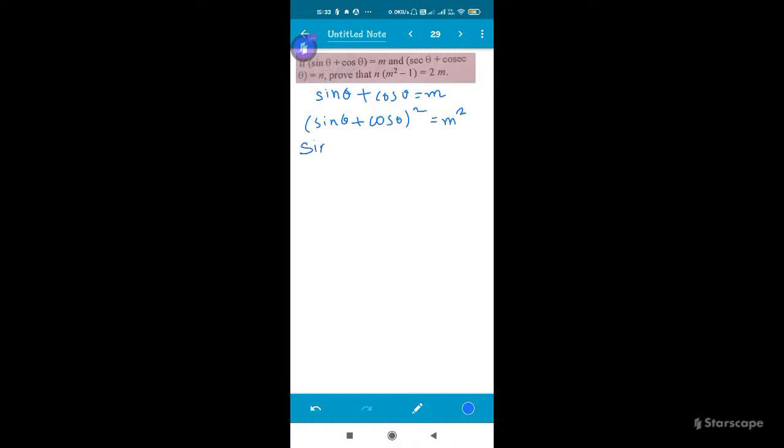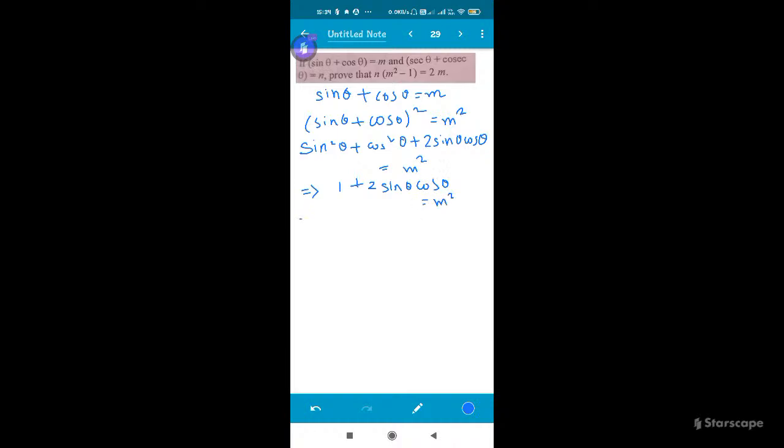So if I solve it, sine square theta plus cos square theta plus 2 sine theta cos theta, a plus b whole square, so a square plus b square plus 2ab, is equal to m square. So sine square theta plus cos square theta is 1. So I have 1 plus 2 sine theta cos theta is equal to m square.